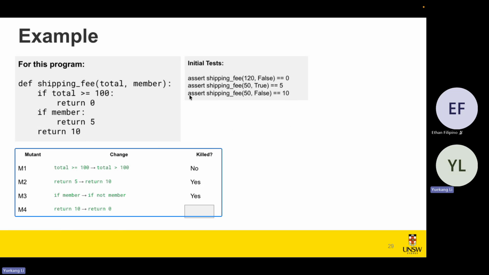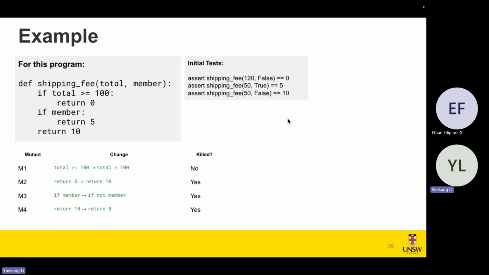And in the mutant, because we are changing the return 10 to return 0, it will return 0, and 0 is not equal to 10. So it will be captured by the third test case, and it will be killed by that test case as well.